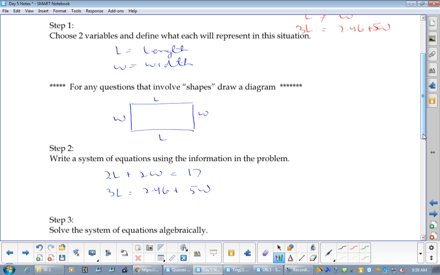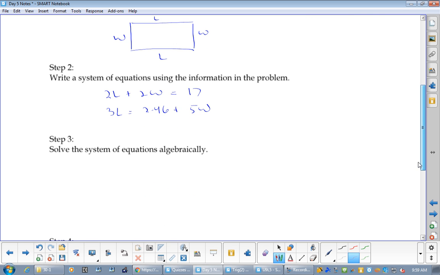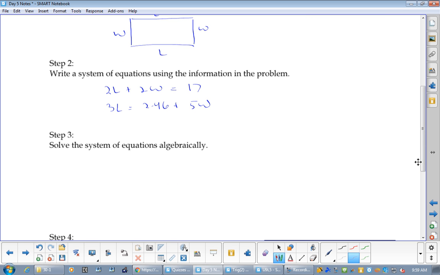So, what needs to happen? Be specific though. I need to bring 5W to this side of the equal sign. Do you see that? Which would make it 3L minus 5W equals 2.46.